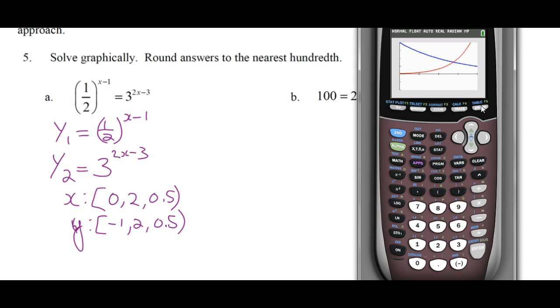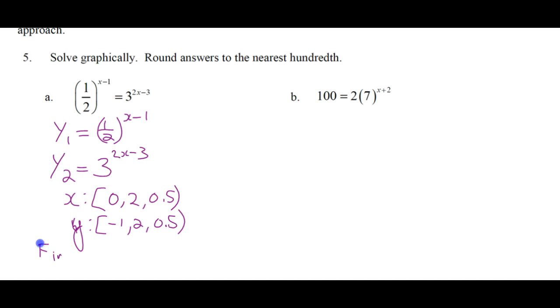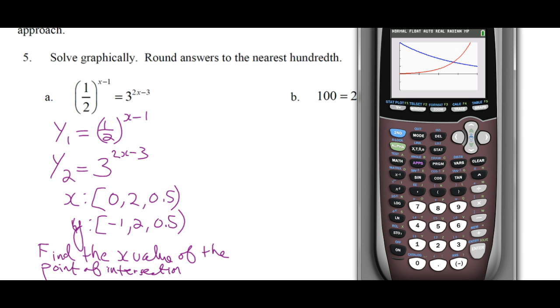The important thing now is we find the x coordinate, or the x value, of the point of intersection. Second calc, intersect.